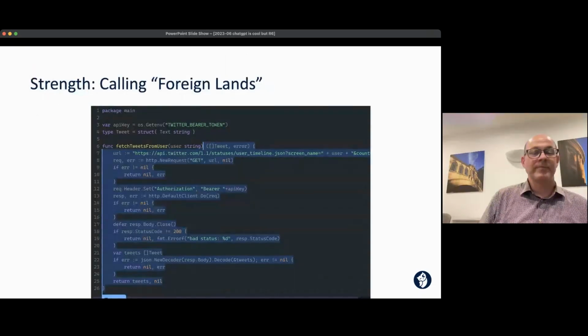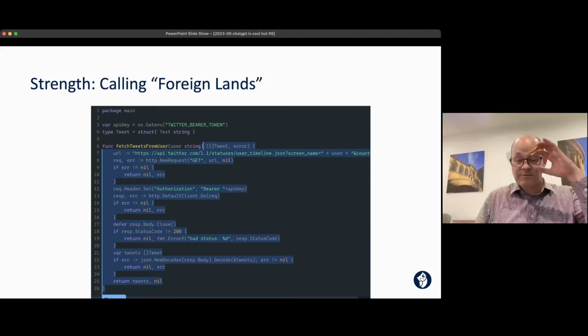And so you can see it does a really good job of putting all of the basic stuff in this class. Another example is calling into foreign lands. This is when you're calling an API. It's probably not something you write code for very often. You would typically go look at the API documentation. You might try and find some examples, maybe look on Stack Overflow for an example of some code to do this.